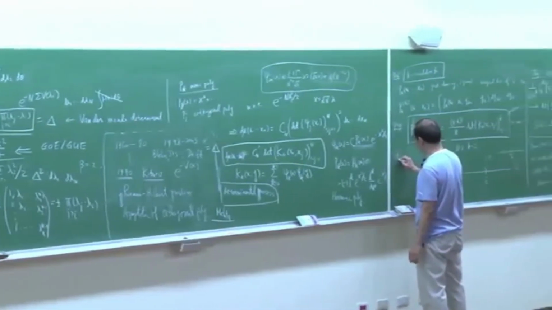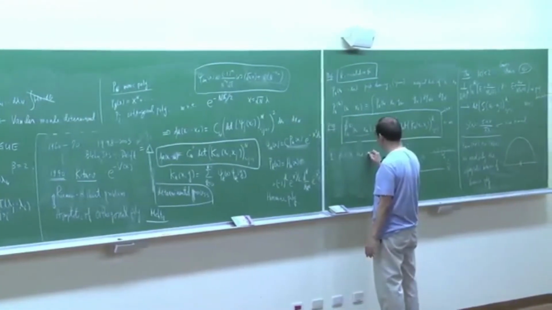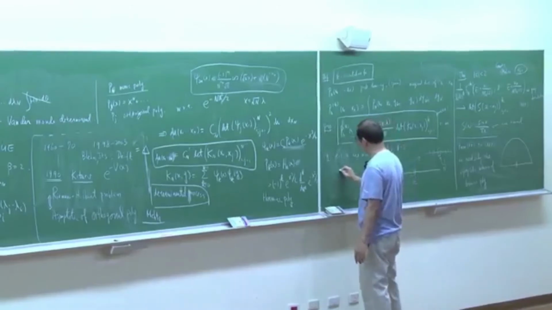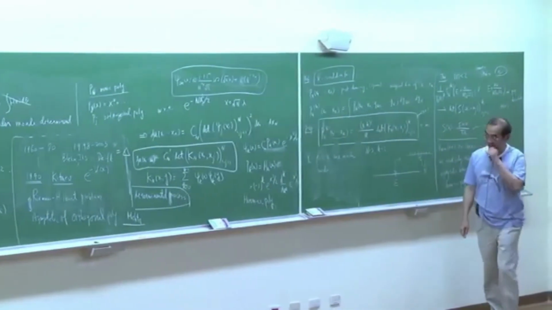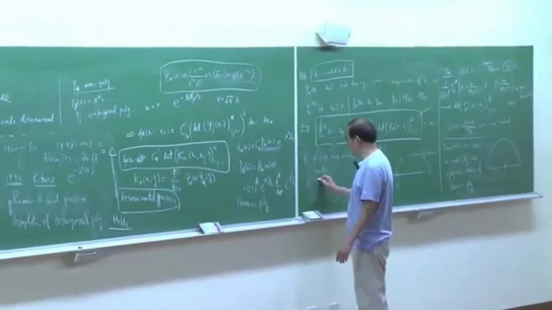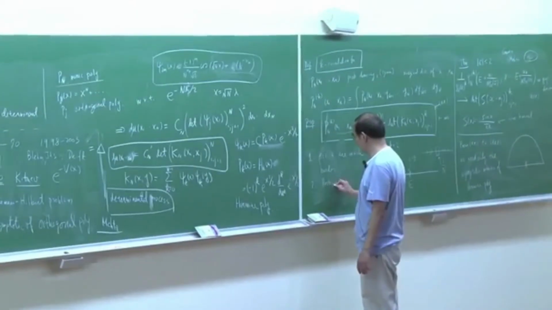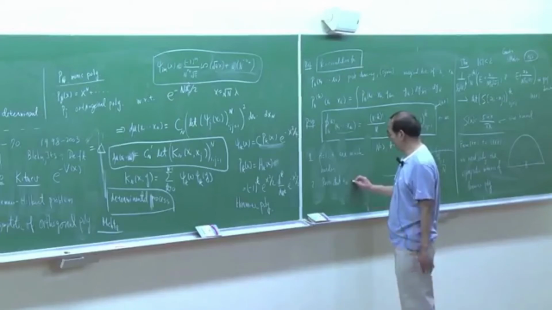Problem number one is that beta equal to 1 and 4 are much harder. Actually, only partial results were obtained. And also it is restricted to invariant ensembles.